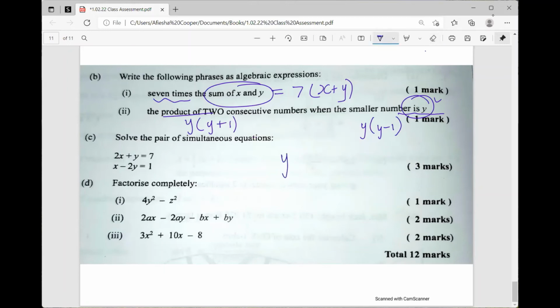If you had y by y plus 1, that would just be y squared plus 1, because you only multiply the y and you leave the 1. But you have to make sure and let them know it's y multiplied by this whole thing, which is y squared plus y. So you should definitely put that bracket in.